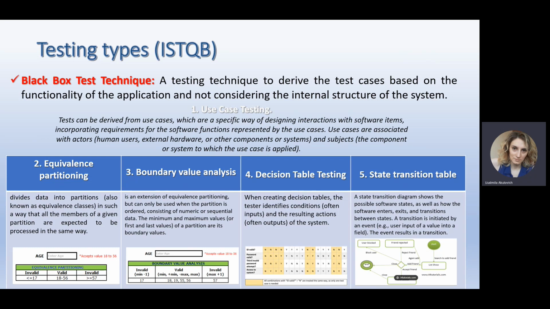For example, a user enters an input value and what will happen if this value is valid, what will happen if this value is invalid, and so on. So I'm not going to stop here because that's not about a testing type, but still a subdivision of black box test techniques. If you are interested, you're welcome to look through the ISTQB syllabus.